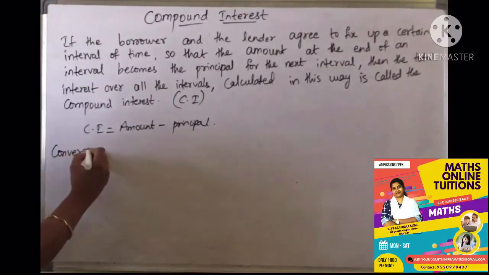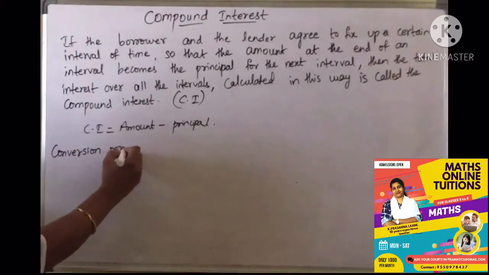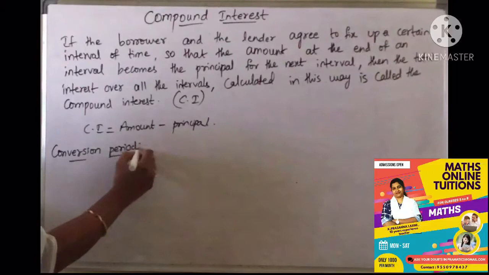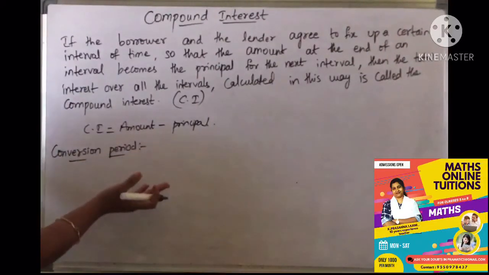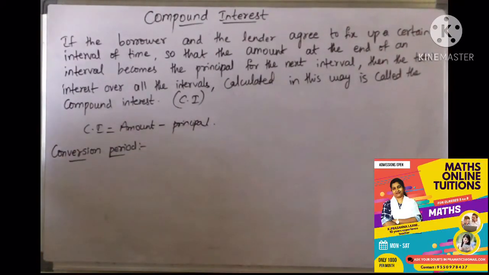So next is conversion period. What is this? The fixed interval of time at the end of which the interest is calculated and added to the principal at the beginning of the interval is called the conversion period.